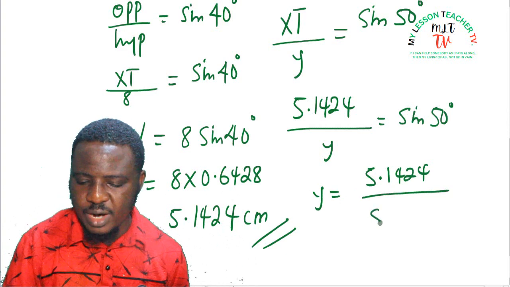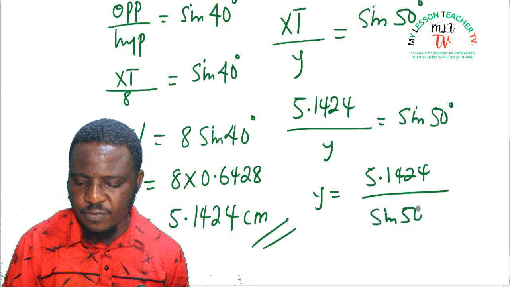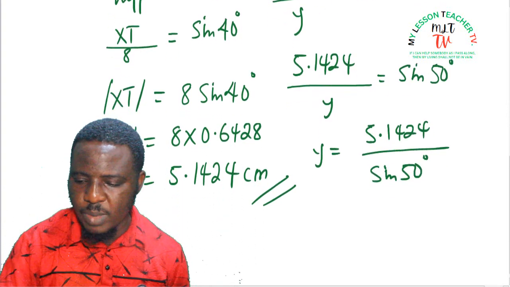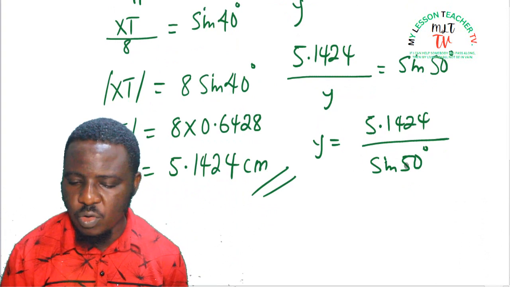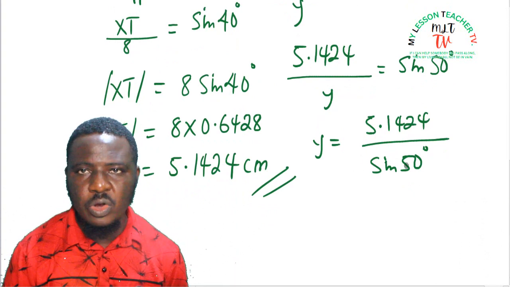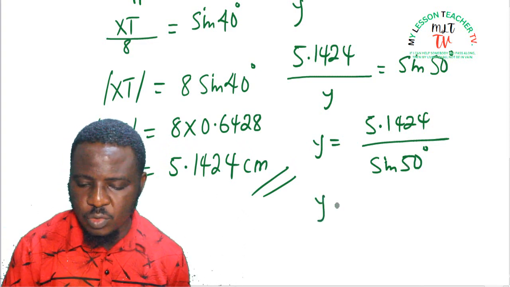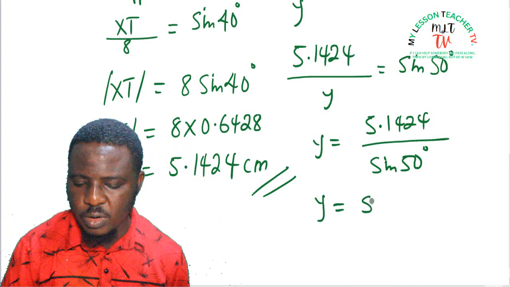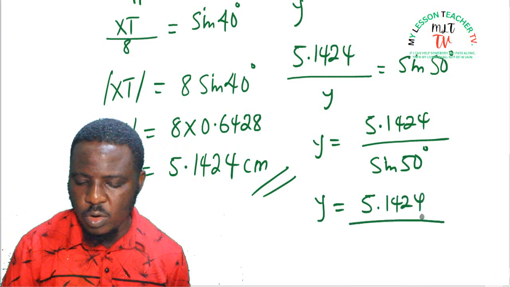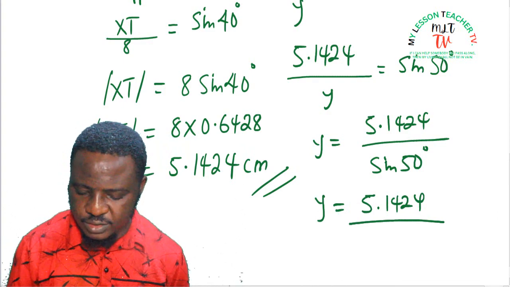5.1424 divided by sine 50 degrees. You can also go back to your table to get the value of sine 50 degrees, or you can just do direct input into your calculator and it gives you your value. So y is equal to 5.1424 divided by sine 50.